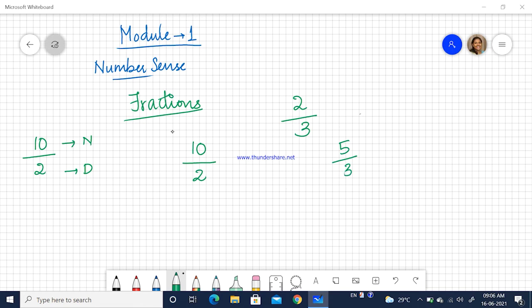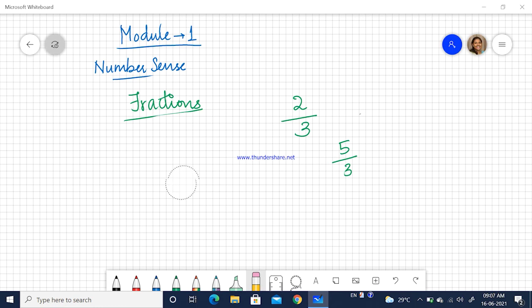So fraction means when a unit is divided into any number of equal parts, those parts are called a fraction of the unit. So 10 by 2 is a number where 10 is the numerator and 2 is the denominator.